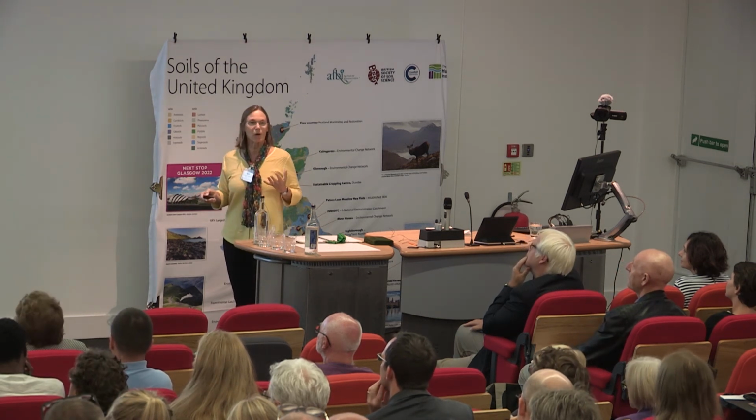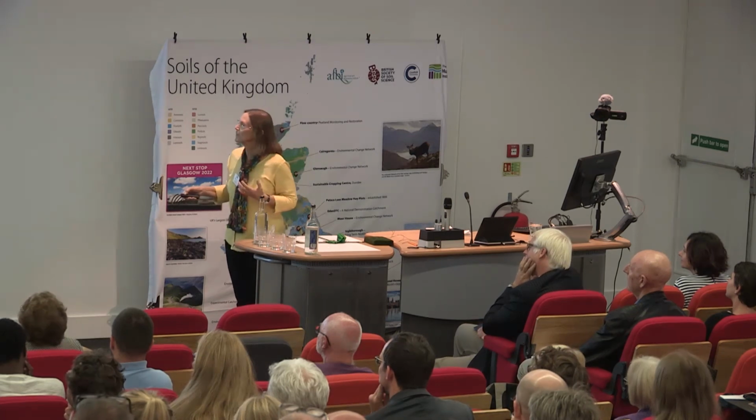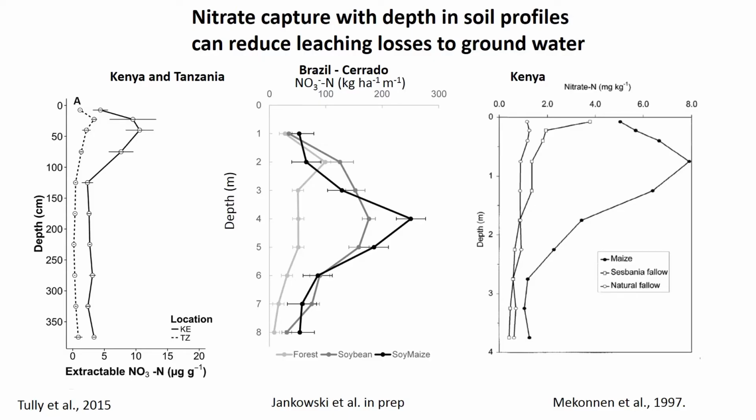Just a positive note about many tropical soils. These are 3 different profiles: this is Kenya, Tanzania, and this is Brazilian Cerrado. I think this was just published last week, actually, in Nature Climate Change. This is extractable nitrate on all of these, and this is depth in the profile.